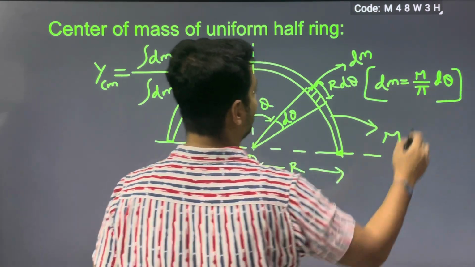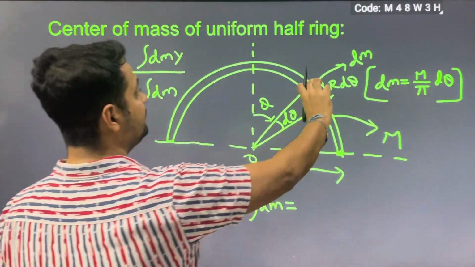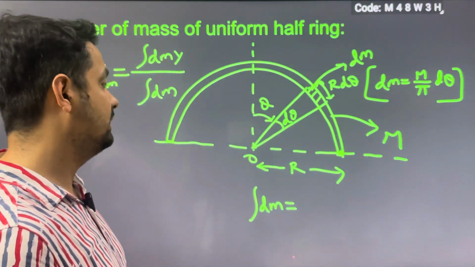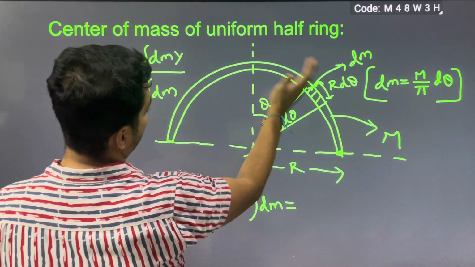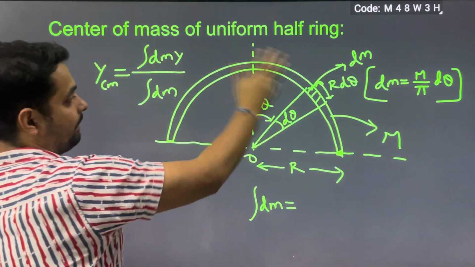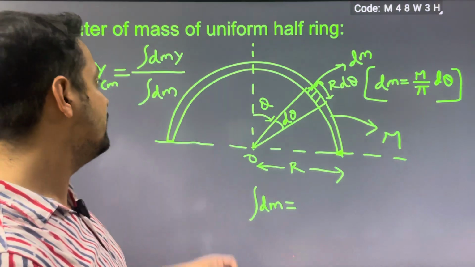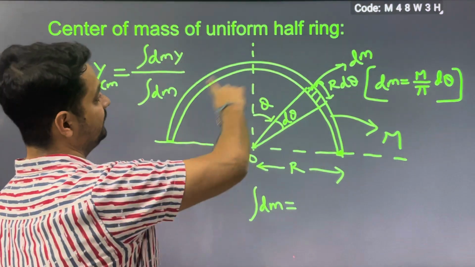Now why have I written it like this? Just try to understand. Here the length is r d theta, correct? And this total angle is pi, so the total length is pi r.